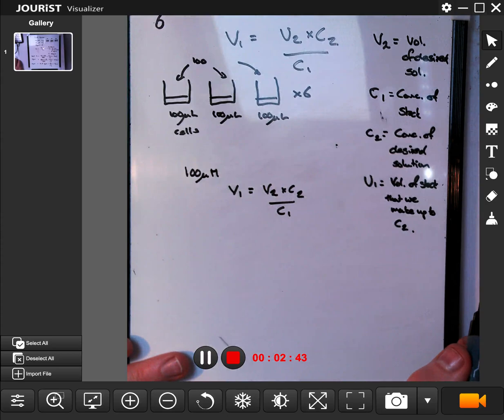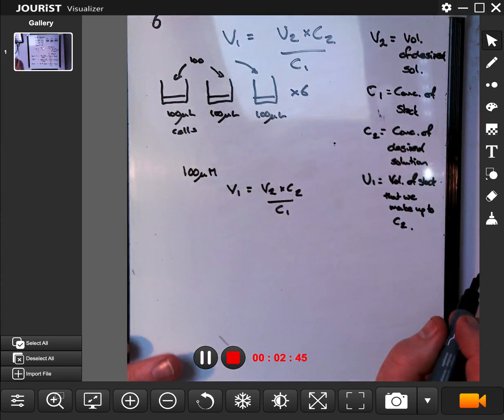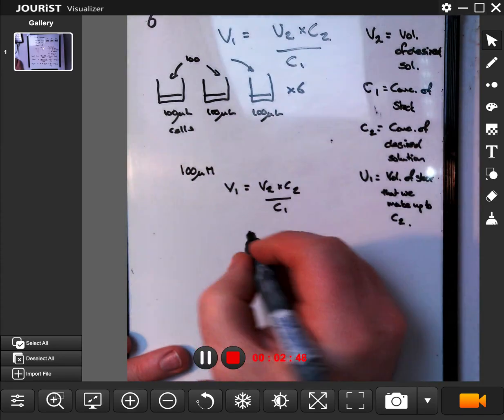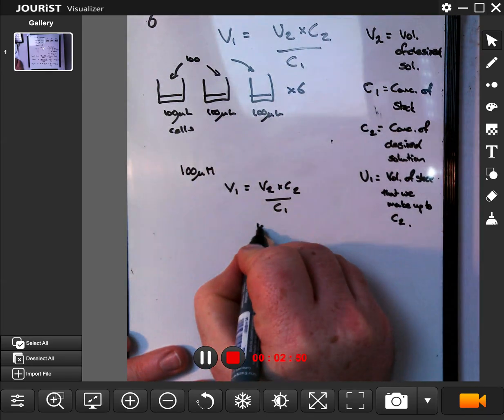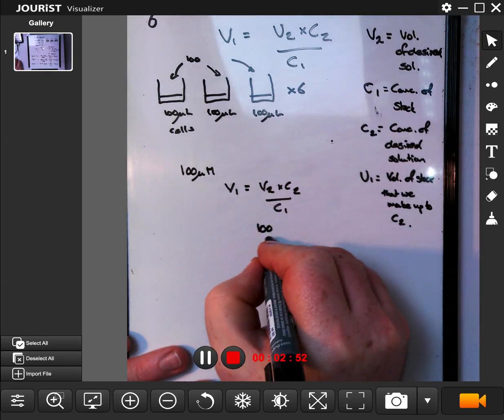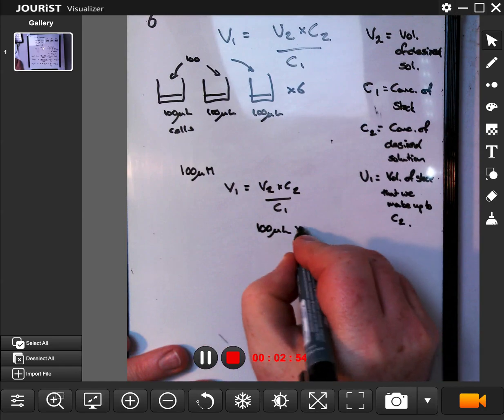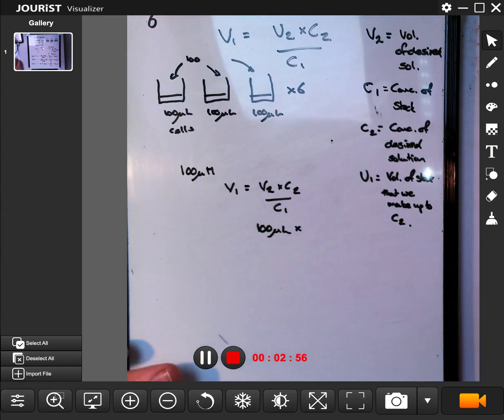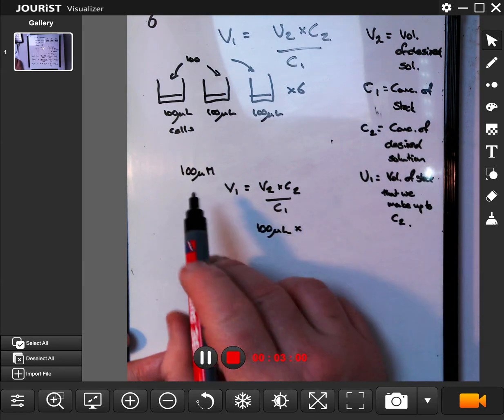V2 is the volume of our desired solution. We're going to need 100 microliters, and C2 is the concentration of our desired solution, which is 100 micromoles.